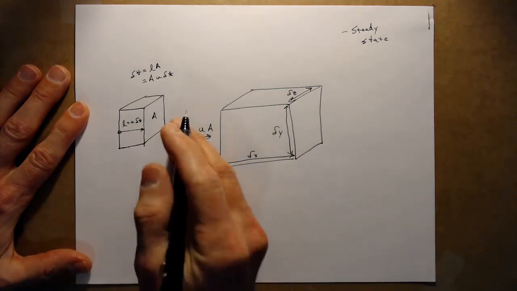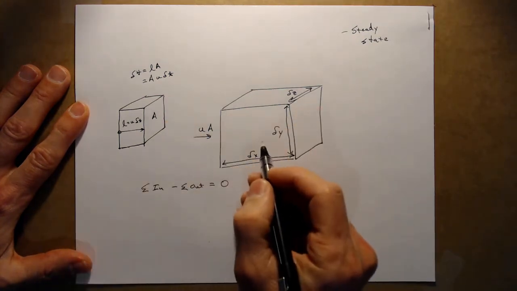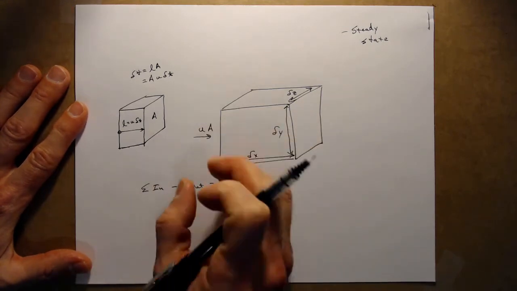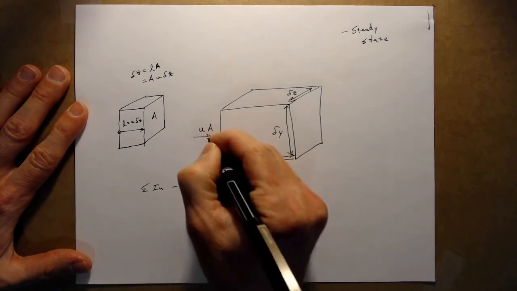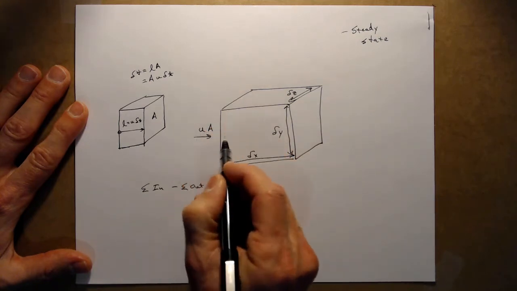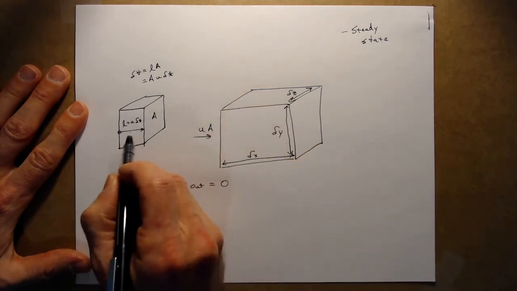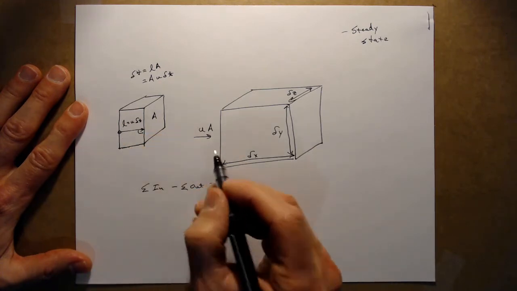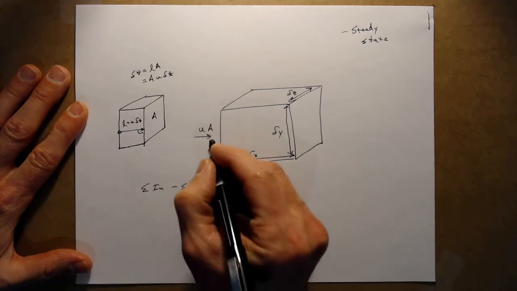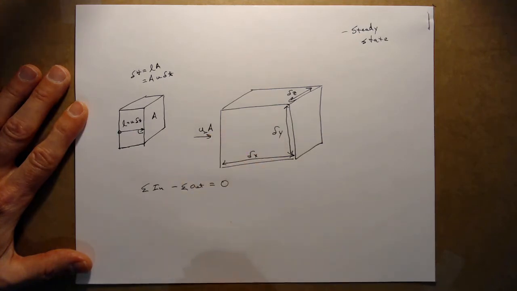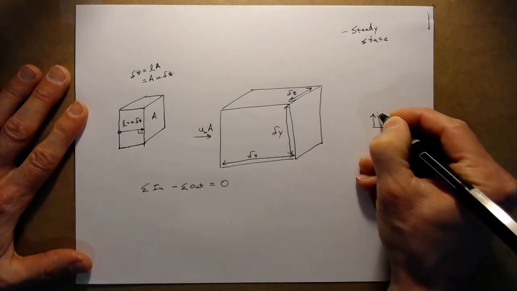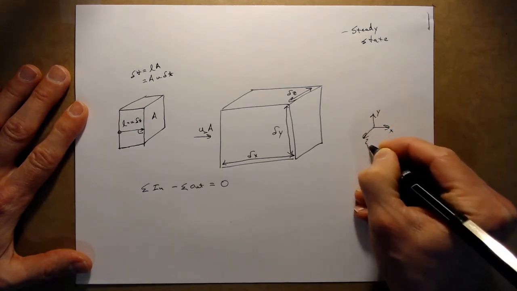So the rate at which volume of fluid enters this region from the left face is going to be the velocity normal. This velocity has to be normal to the surface we're considering. So the velocity normal to the left face, which I'm going to call u minus, we'll say that this is the x direction, this is the y direction, and this is the z direction.